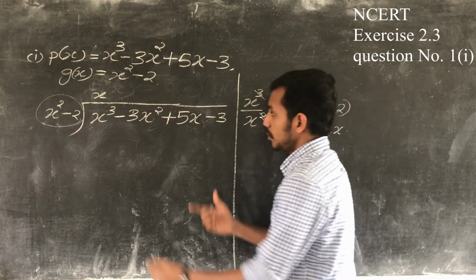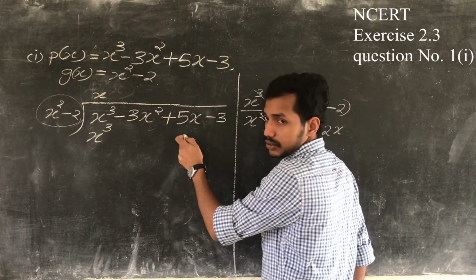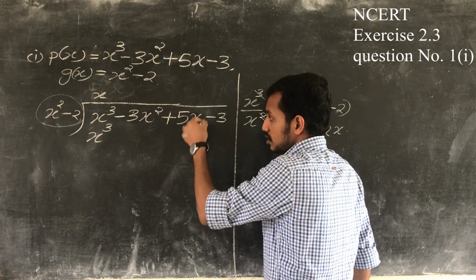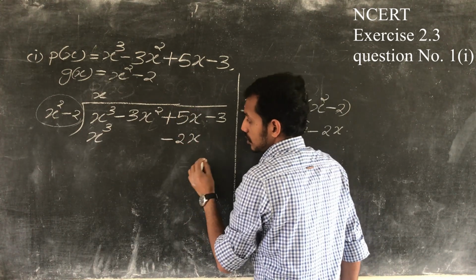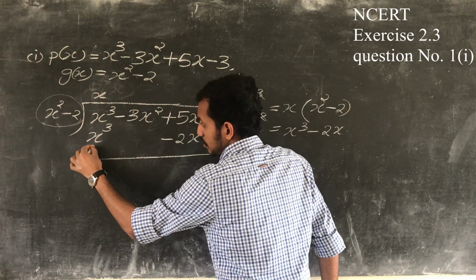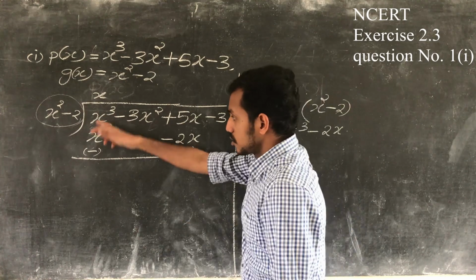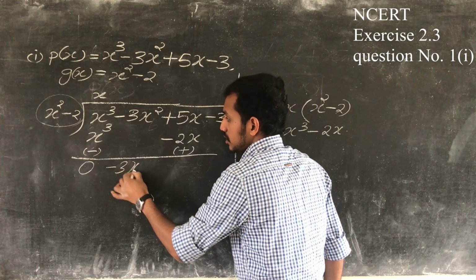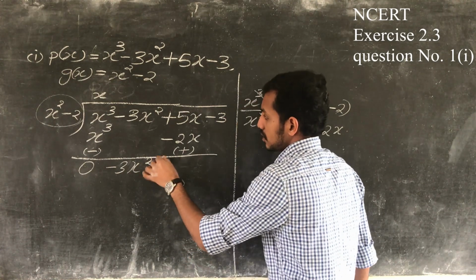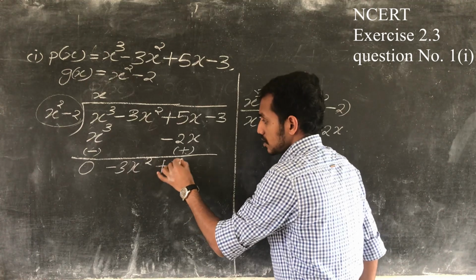That is x cube minus 2x. You have to write it just below the terms. Changing the sign, the minus term will be plus. x cube minus x cube will be 0 and minus 3x square, plus 5x plus 2x, that will be plus 7x.